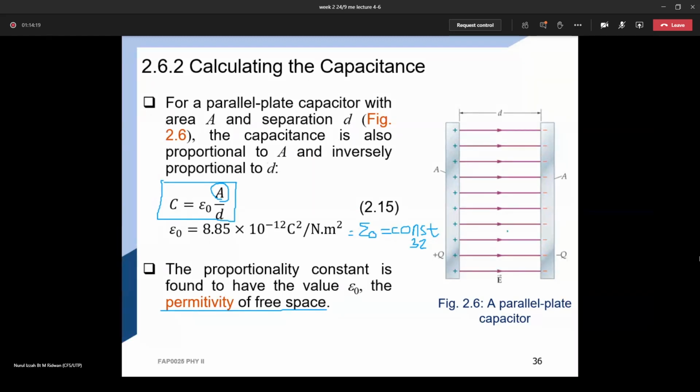Okay, capacitor. Other than that, for the capacitor you can change either the area, making it bigger, or the separation, making it smaller, because when you make the separation smaller, capacitance will be higher.